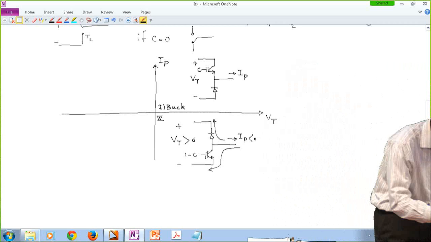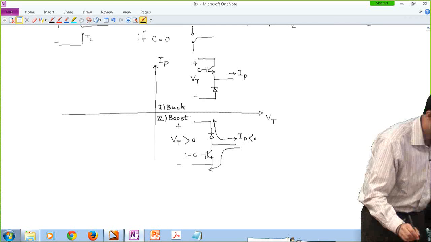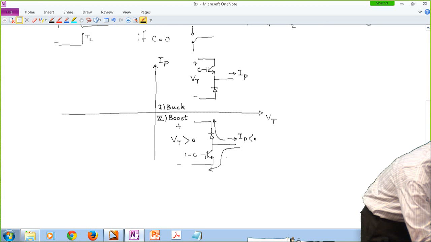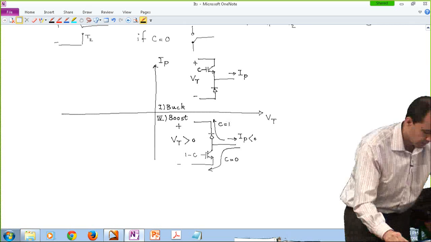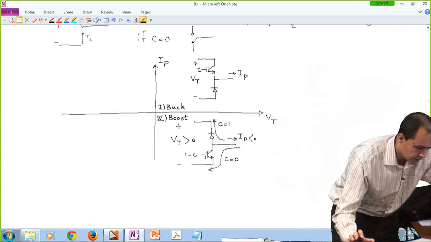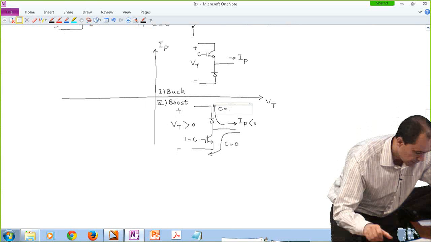Absolutely we do, and that is actually the boost converter. I'm just going to explain it. Okay, so this is when C equals 0, and this is when C equals 1. All right, so let's look at the boost converter. Remember, right now we're assuming that the pole is on the right-hand side and the throws are on the left-hand side.